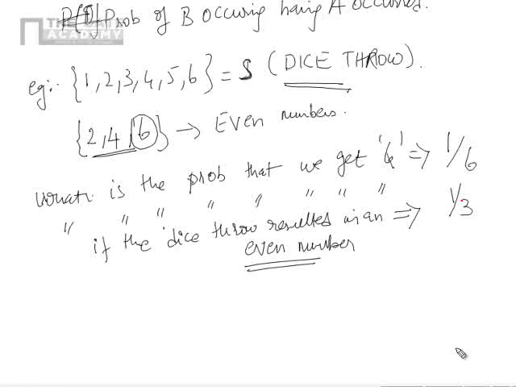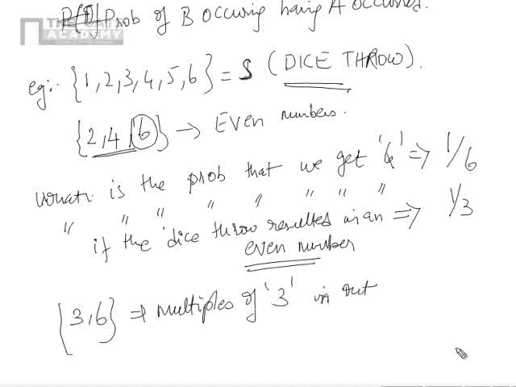Correct? Yes or no? Now let me say that 3, 6 are what? Multiples of 3 in the outcome of a dice throw.